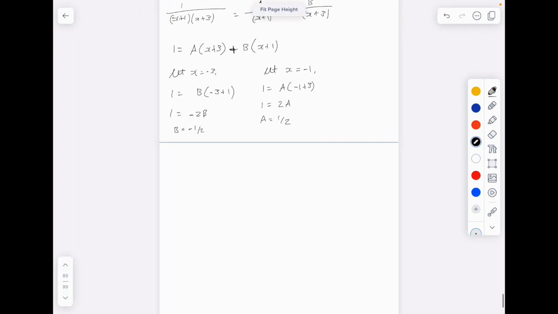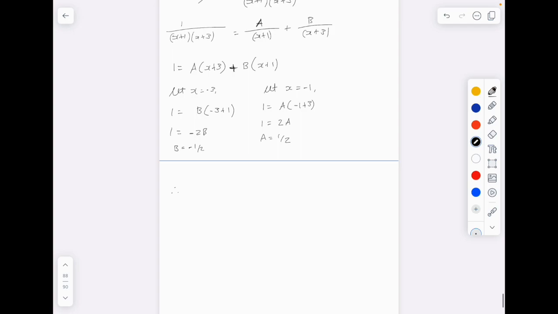So from here then, what we can say, guys, is therefore this is going to equal 1 over 2 times 1 over x plus 1 minus 1 over x plus 3. Cool. Perfect. So we got that sorted.